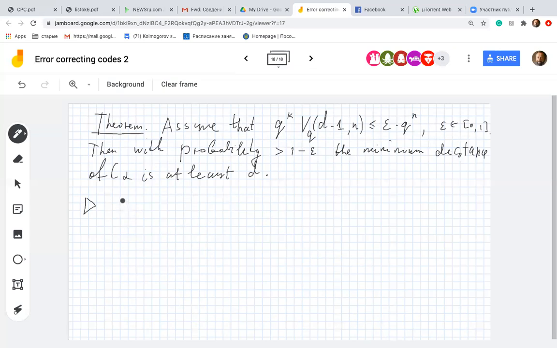So our assumption actually means we assume that Vq, the volume of the ball, is at most epsilon times q to the k, because n is equal to 2k, so we can cross out the factor of q to the k, and replace q to the n by q to the k.